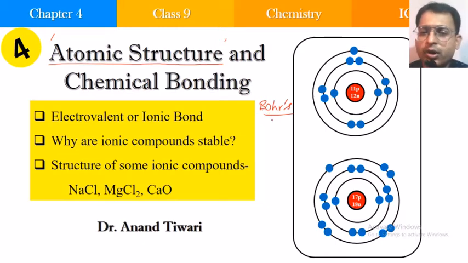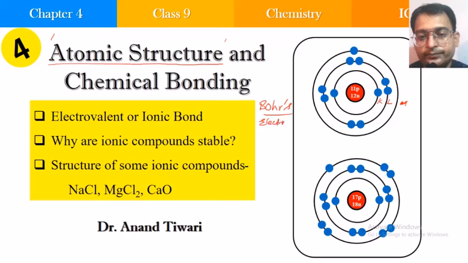We also saw that the Bohr-Bury scheme explained how these electrons are arranged in an atom. So we saw the K shell, K, L, M. What are the shells? 1, 2, 3, 4. So how the electrons will be arranged, that is the electronic configuration.